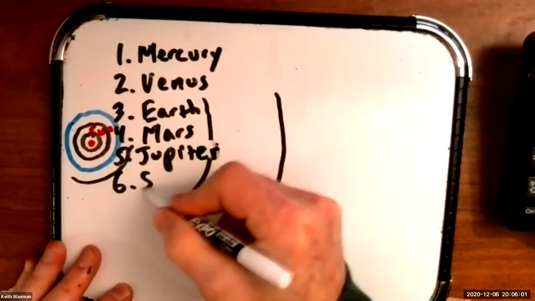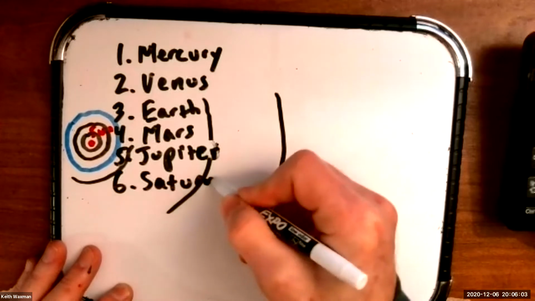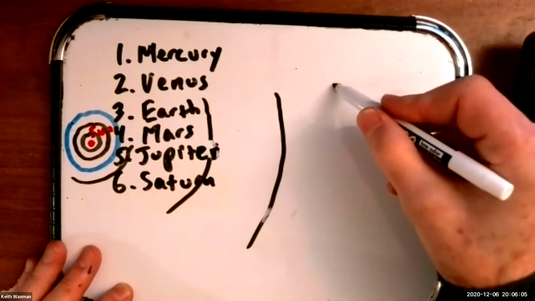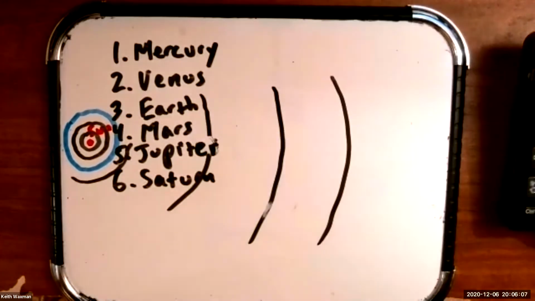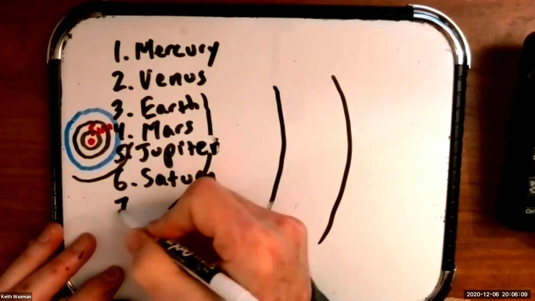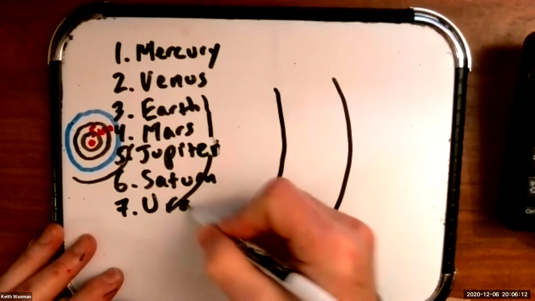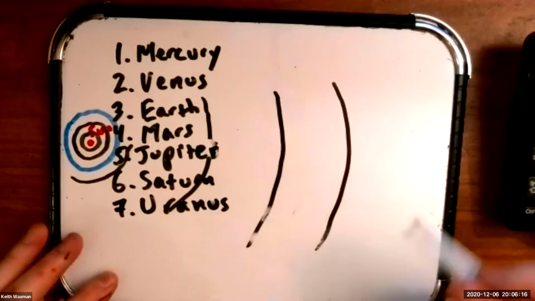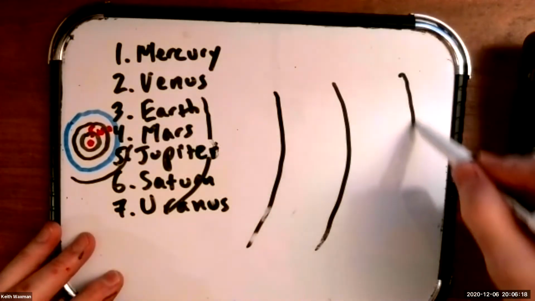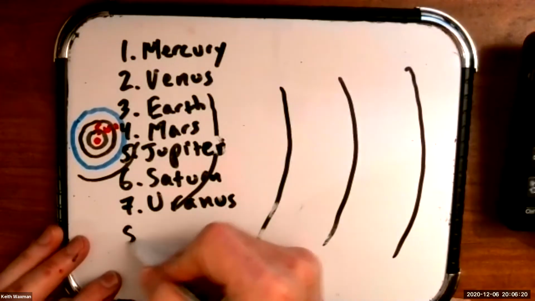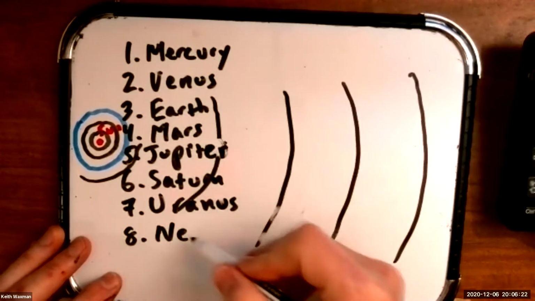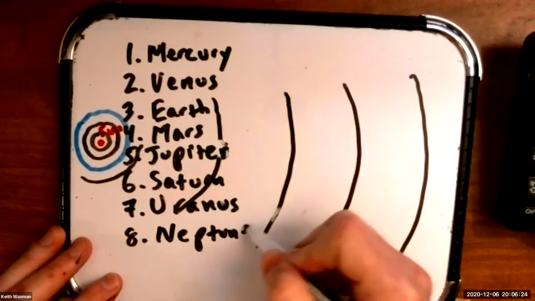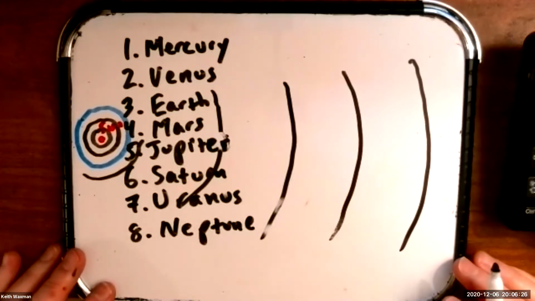Number 6, Saturn. And then we have Uranus. The scale's all off here. 7, Uranus. That's a U. And then finally now we have Neptune. So they're the planets, the order.